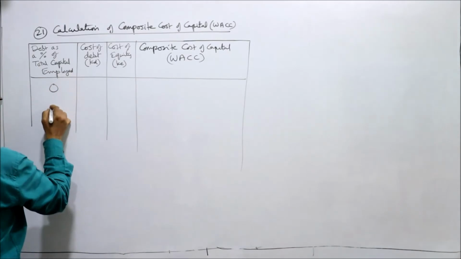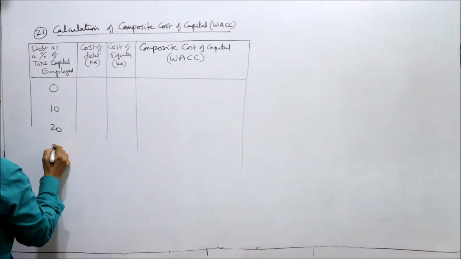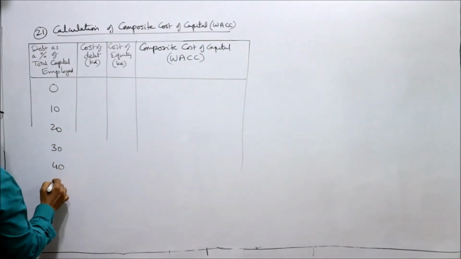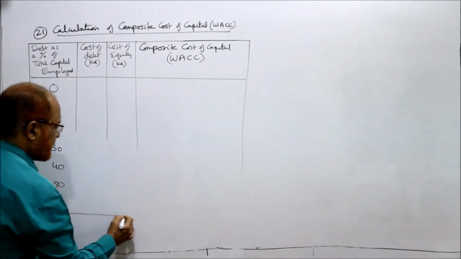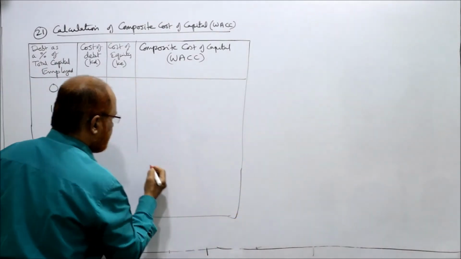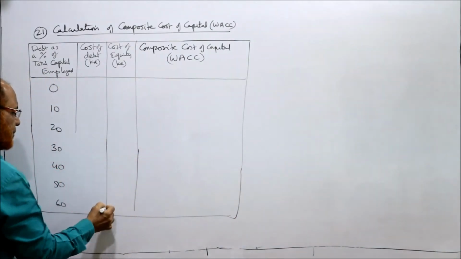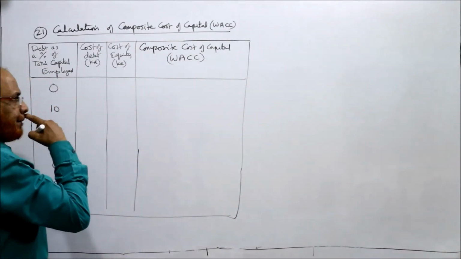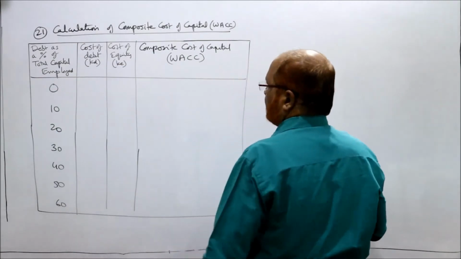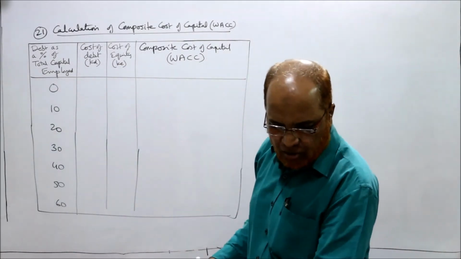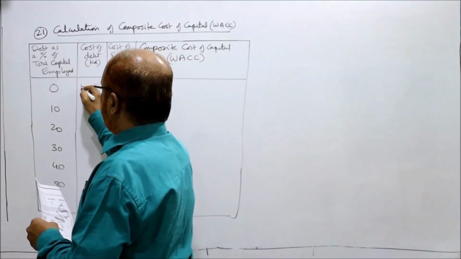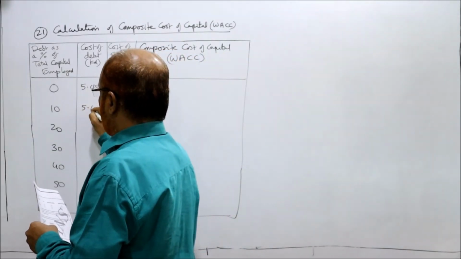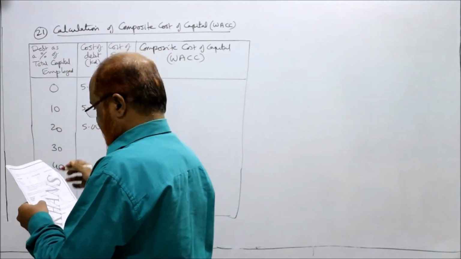We are given 0, 10, 20, 30, 40, 50, 60. Now see here, KD, cost of debt is given in the problem. KD is 5. Here also 5, here also 5.